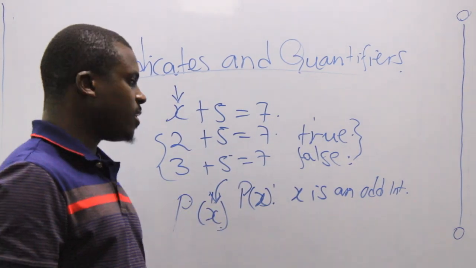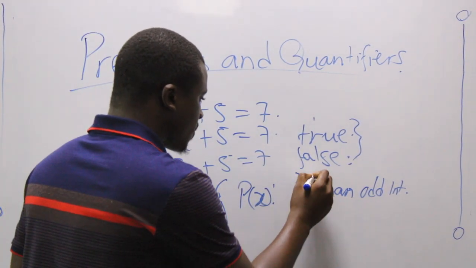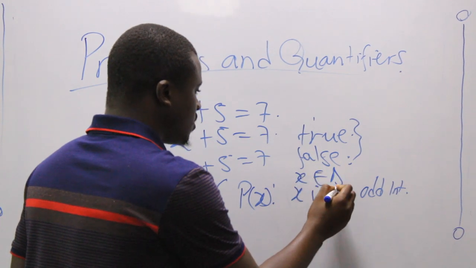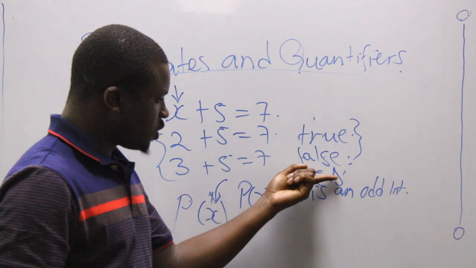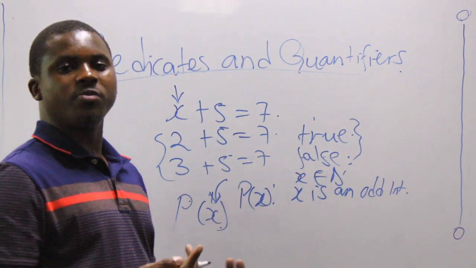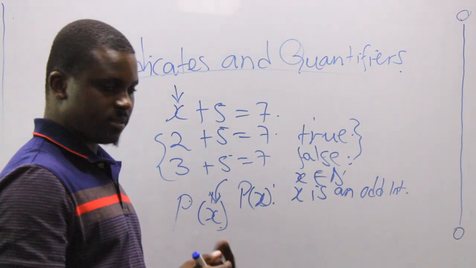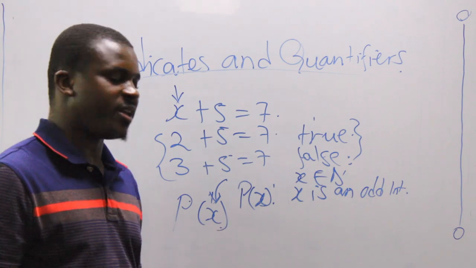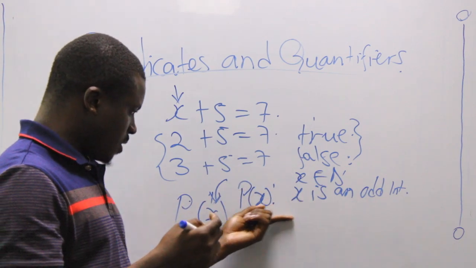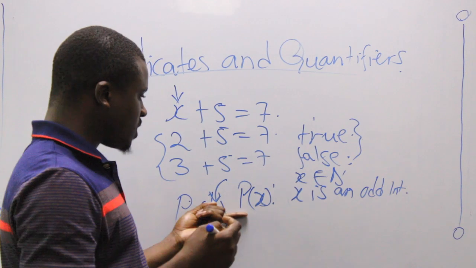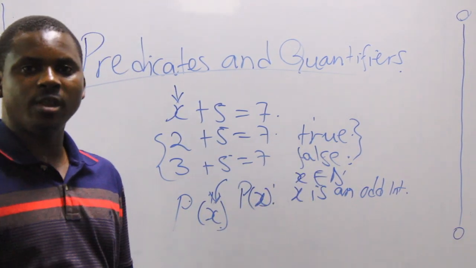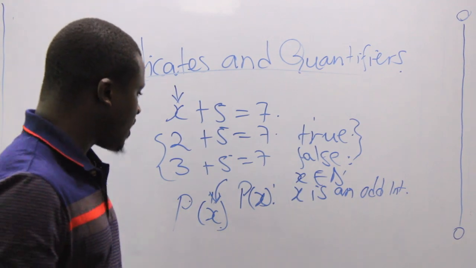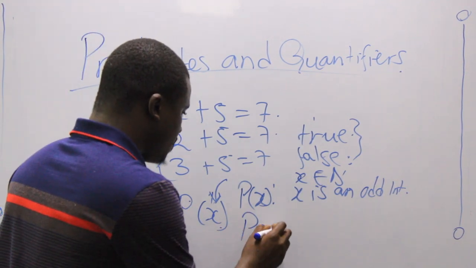So our domain will be x is an element of D, where D is our domain, and the domain will be all the possible integers that we have. Then we need only odd numbers for P of x to be true, but we will be extracting from the domain of integers.